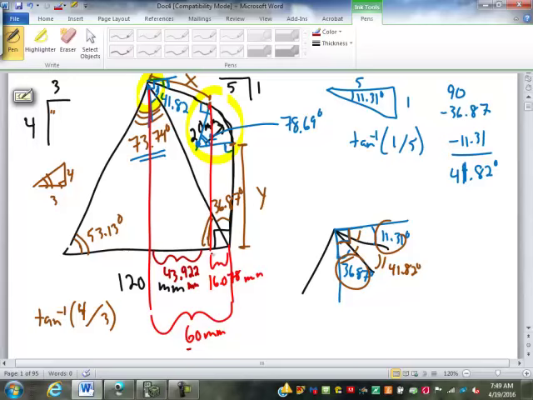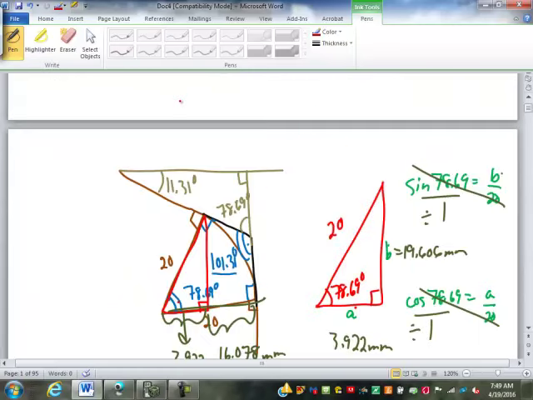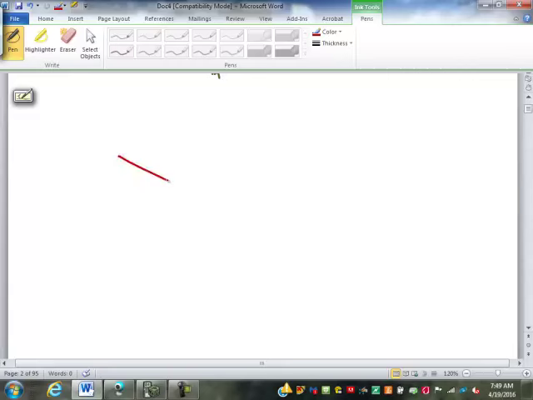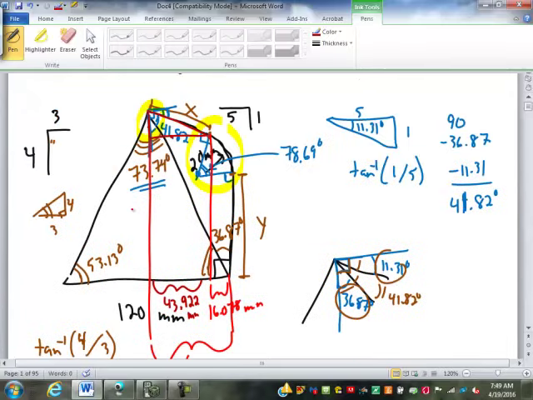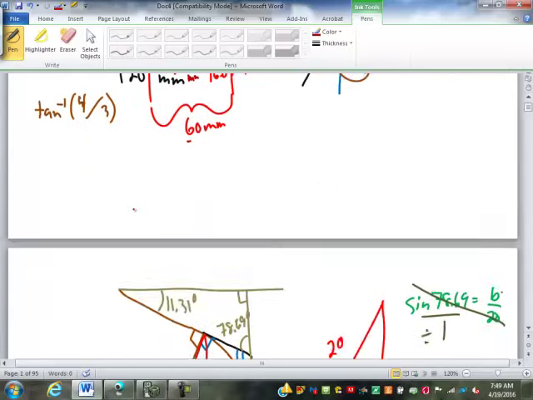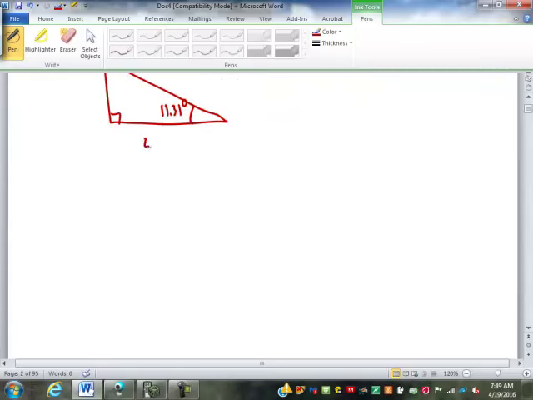How does that help us? Because now I can look at this triangle here, and I can get a height. So I've got the base of it. I can find the height. This is going to be the same as this angle up here was, that's the 11.31 degrees, right? I just found out that's 43.922 down here.